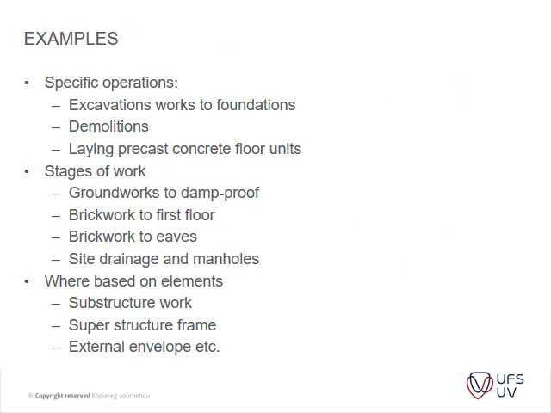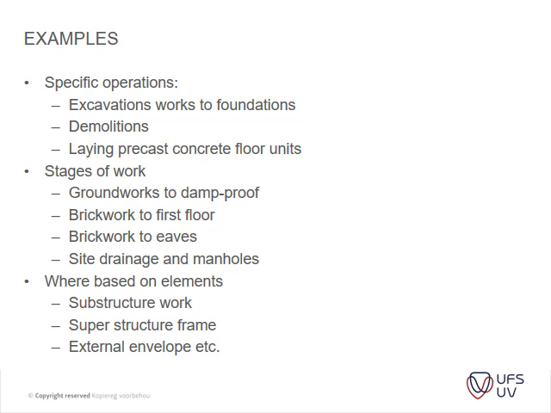Okay, then looking at specific examples, this is now on page 219. On the first page is specific operations like, for instance, your excavation works to foundations, your demolitions, laying precast concrete floor units.